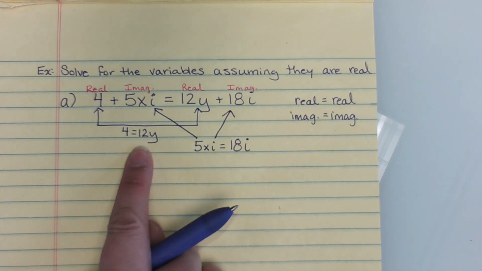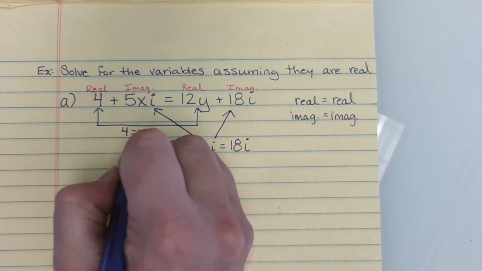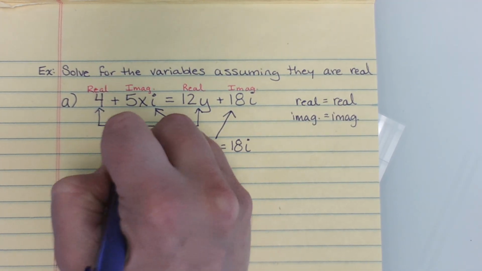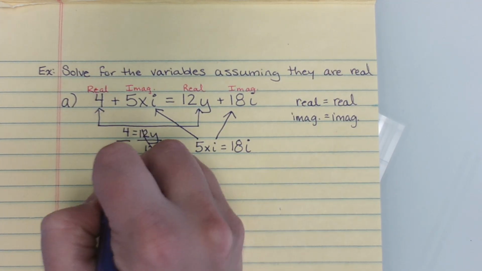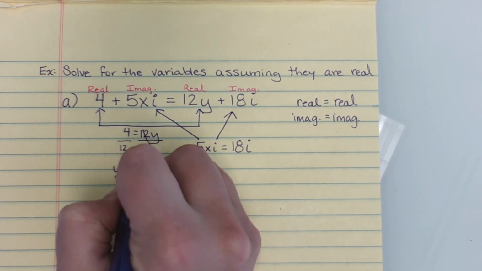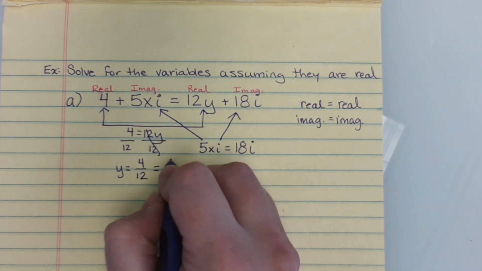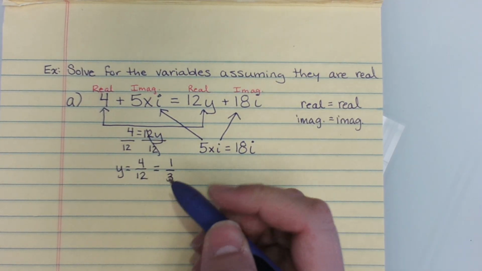Start here. How do I solve for y? Divide by what? 4 divided by 12, also known as 1/3. Y is 1/3.